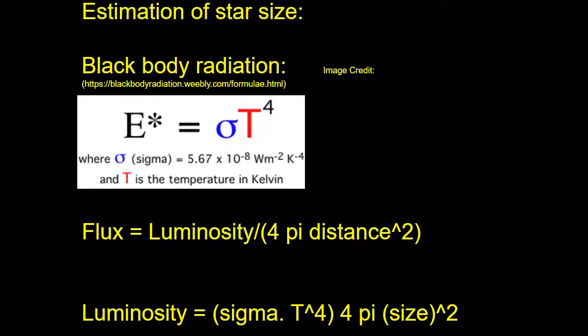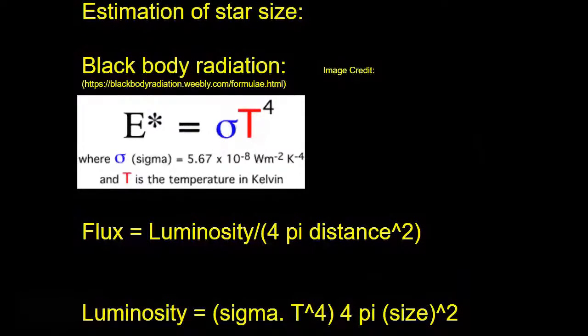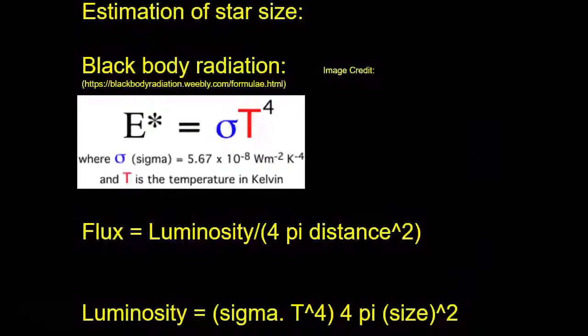And now if I use the Stefan-Boltzmann law, then the luminosity of the star has to be sigma T raised to power 4 multiplied by the surface area of the star. So 4 pi r0 square into sigma T raised to power 4 is the luminosity.